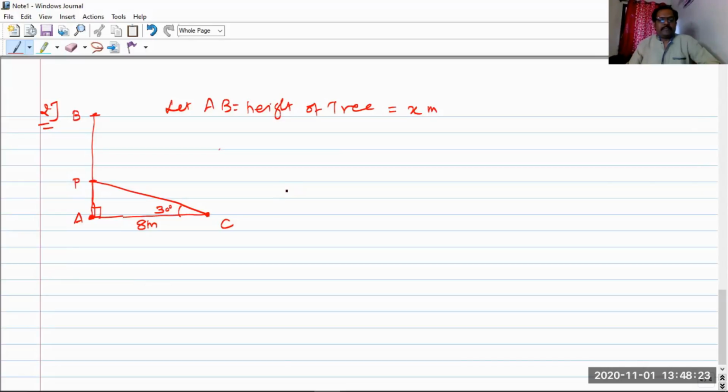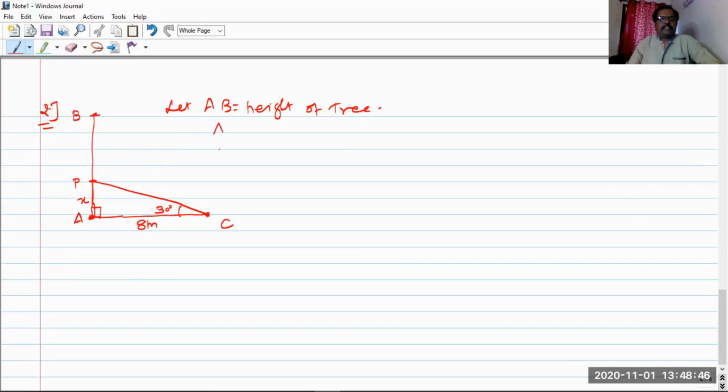We are not given AP. Okay, fine. So we consider AP as x, and AB we keep as it is. We'll just see how the height of the tree can be obtained.